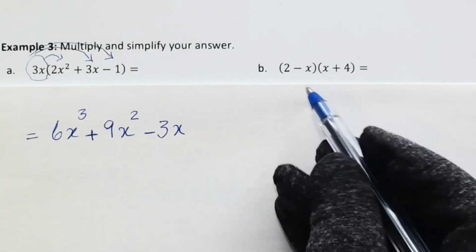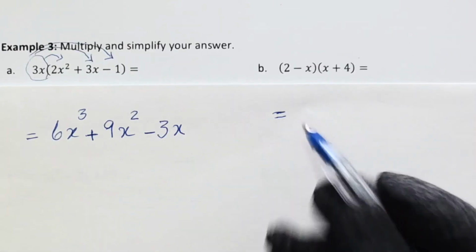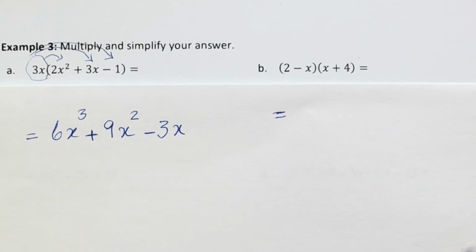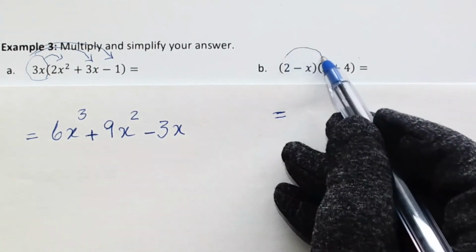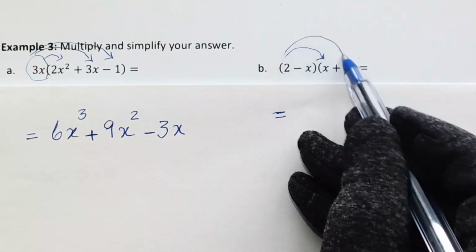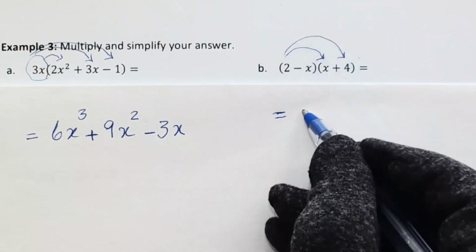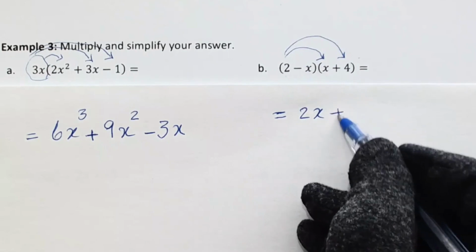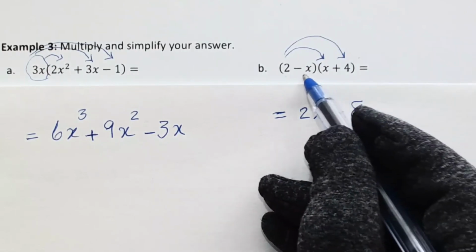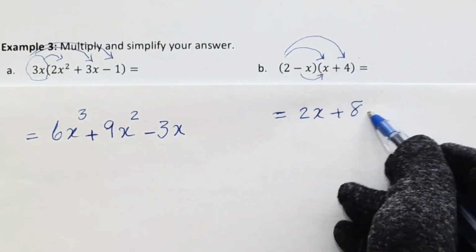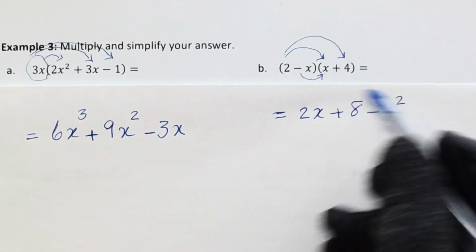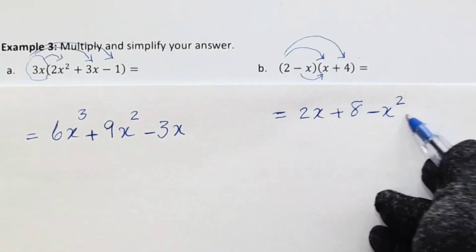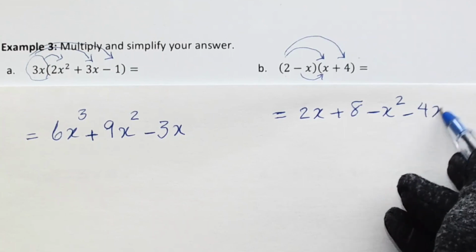The same you can do for this example, part B. 2 times x is 2x, 2 times positive 4 is plus 8. Now minus x times x is negative x squared. Negative x times positive 4 is negative 4x.